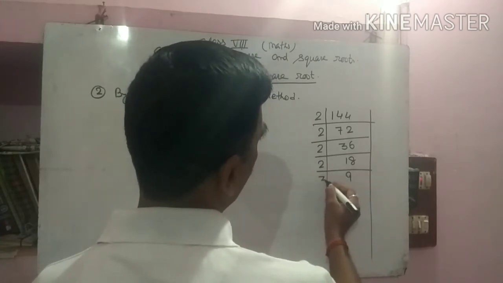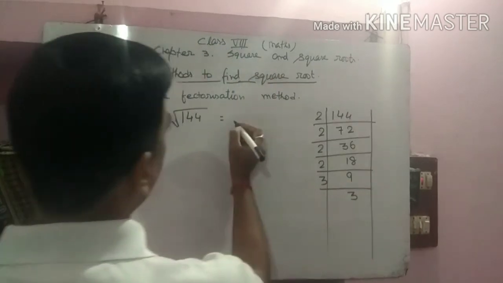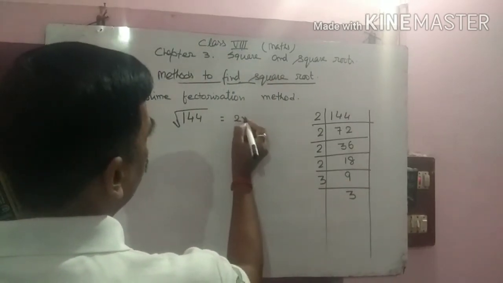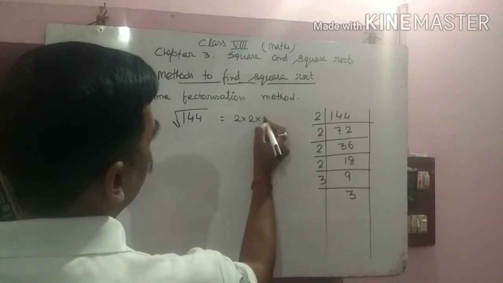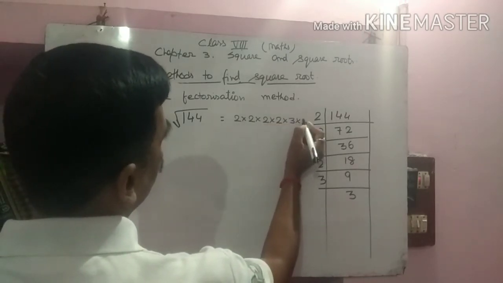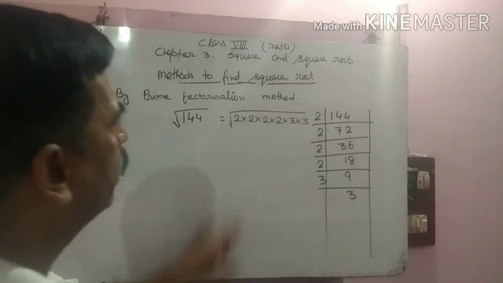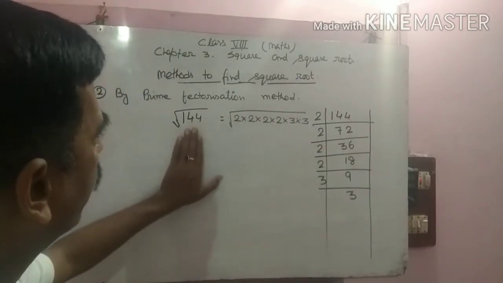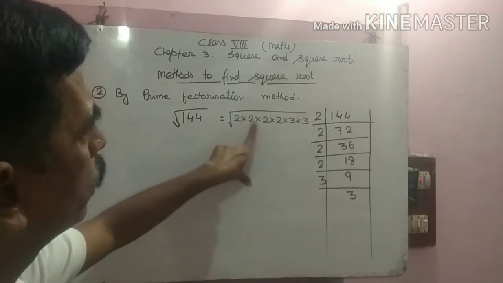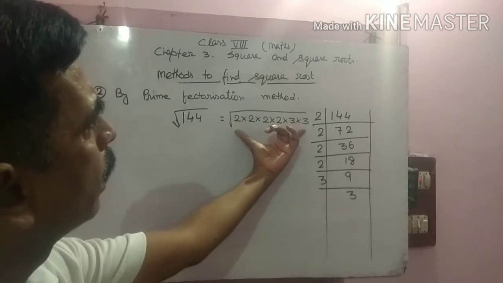Then 9, then 3 threes are 9. Then what you get is 2 into 2 into 2 into 2 into 3 into 3, all inside the root. So we can write 144 as 2 into 2 into 2 into 2 into 3 into 3. All these numbers are prime numbers.